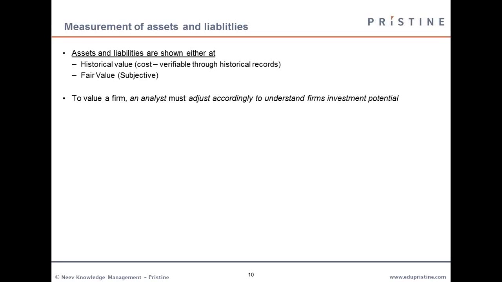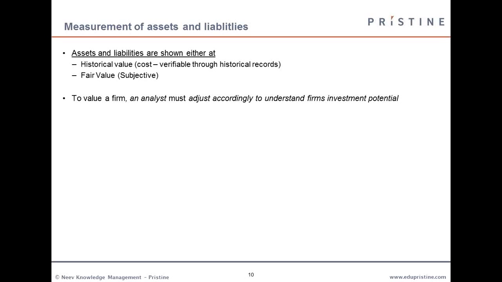So when you have to value a firm, or as a financial analyst you're analyzing a firm, you have to take all these things into account. The complicated thing is that many companies follow different methods. Say they follow one method for a land and another method for machinery.